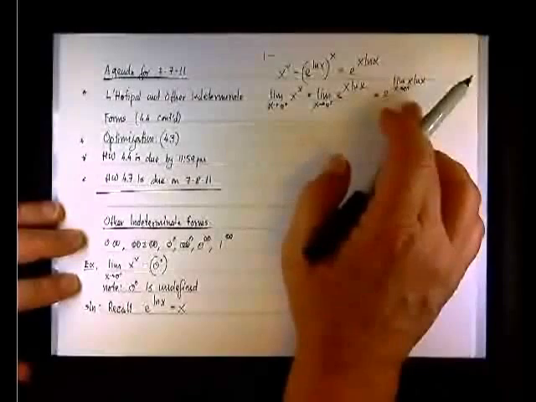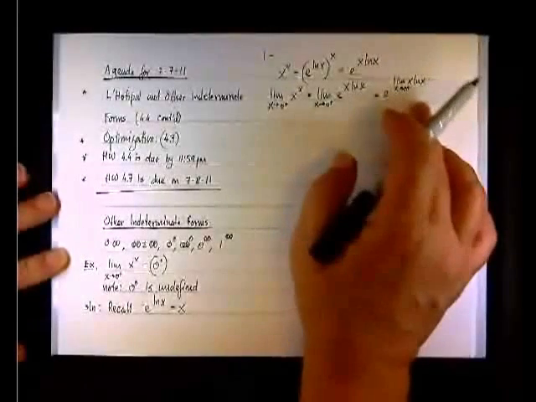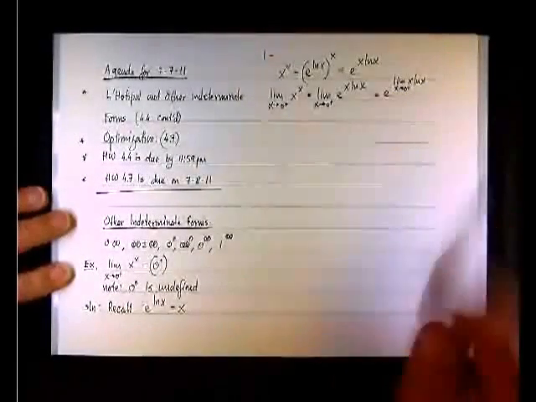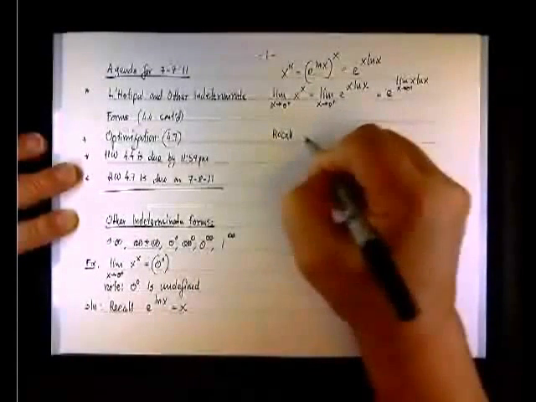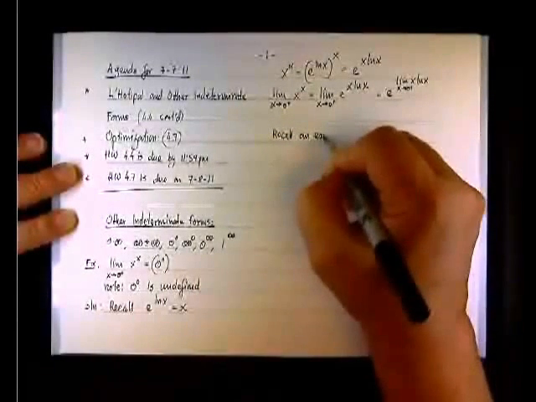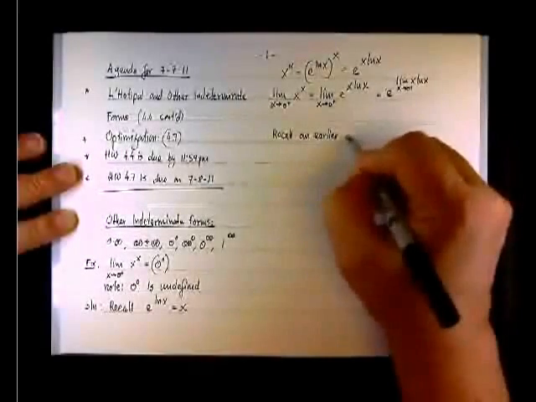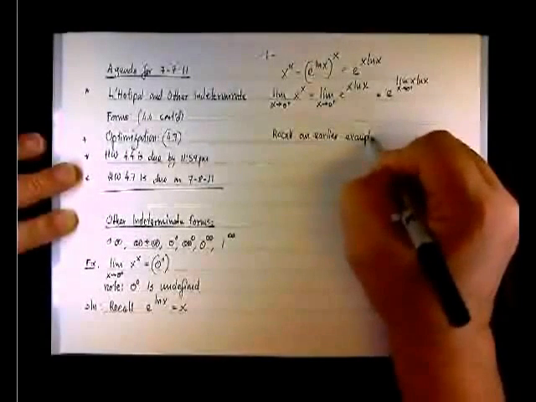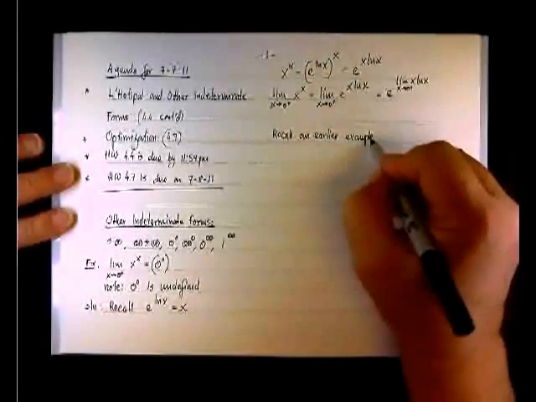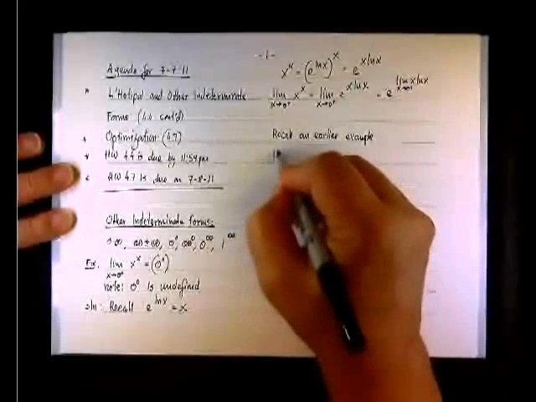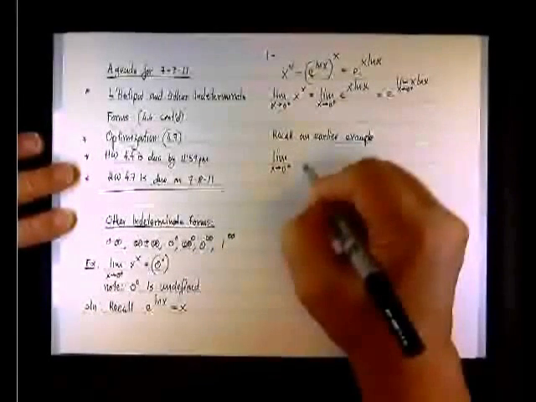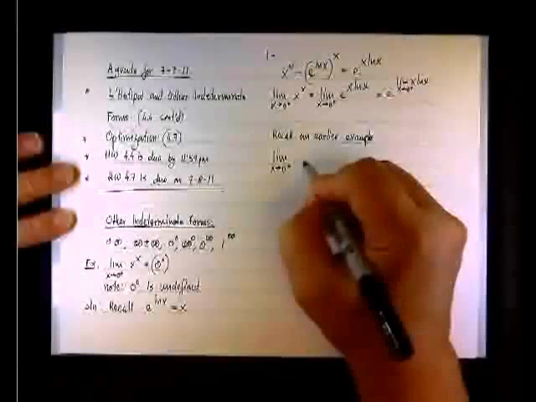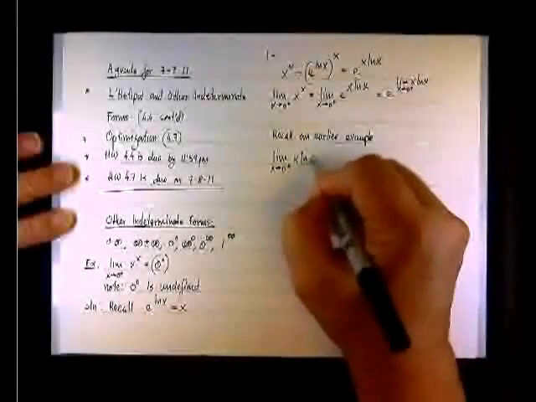As a matter of fact, this is something we worked on already. You may not remember this, but we did it in a previous exercise. So recall an earlier example where we evaluated this particular limit: the limit as x goes to 0 plus of x natural log of x.